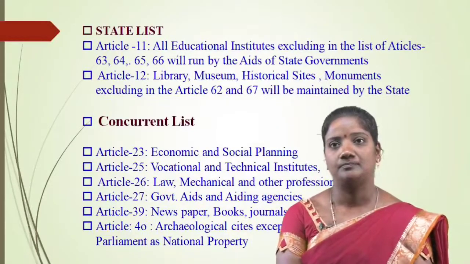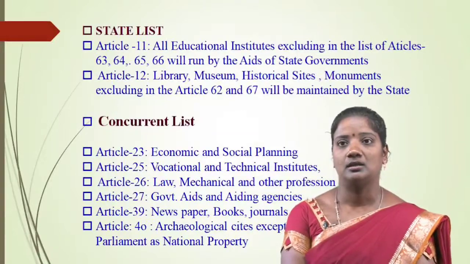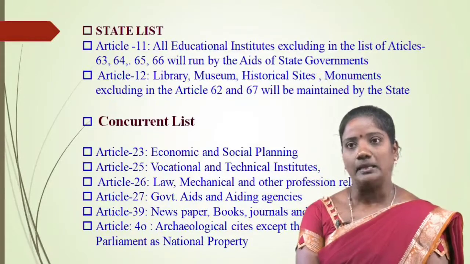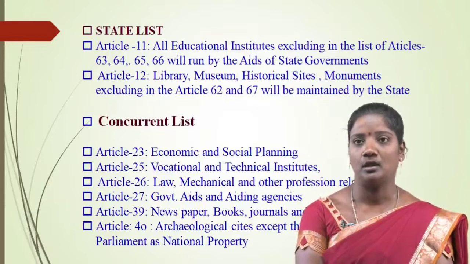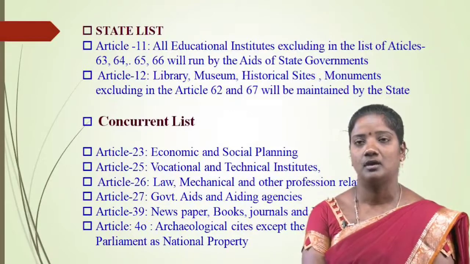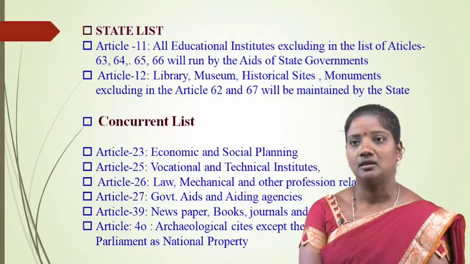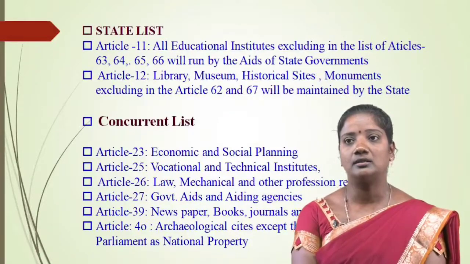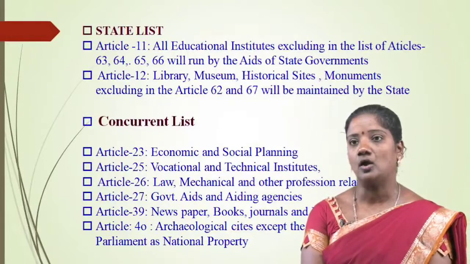Concurrent list. Article 23: Economic and social planning. Article 25: Vocational and technical institutes. Article 26: Law, mechanical and other profession related articles.